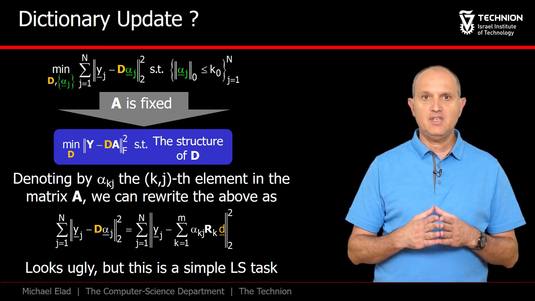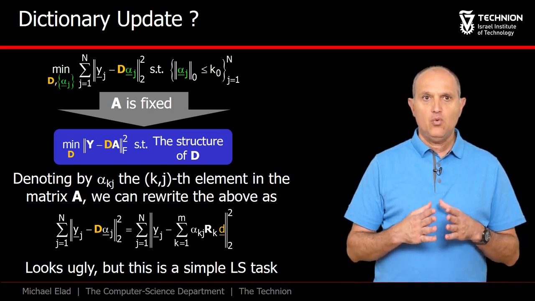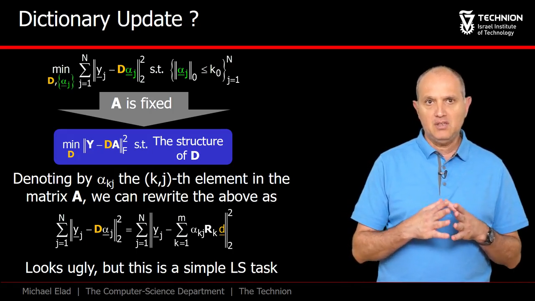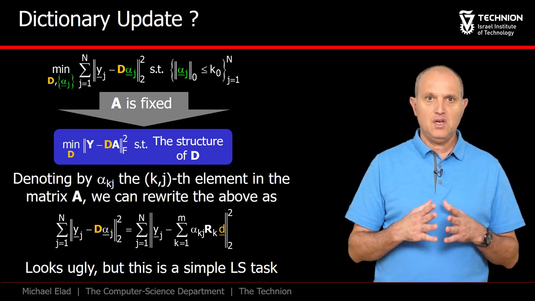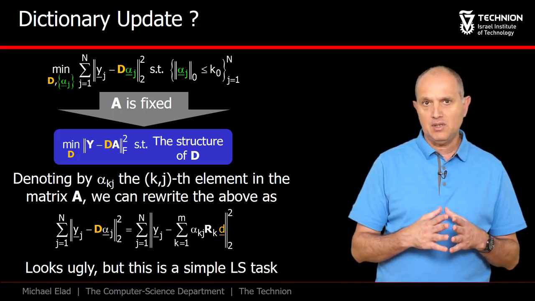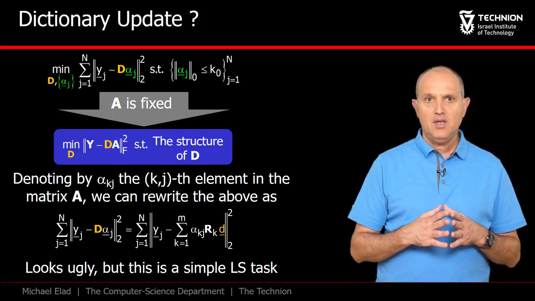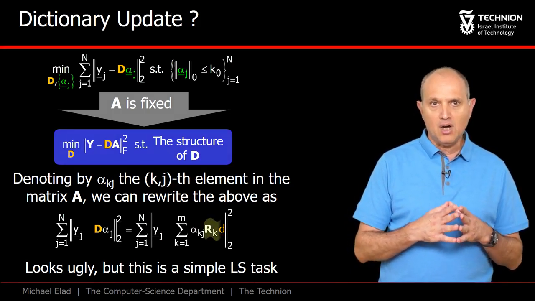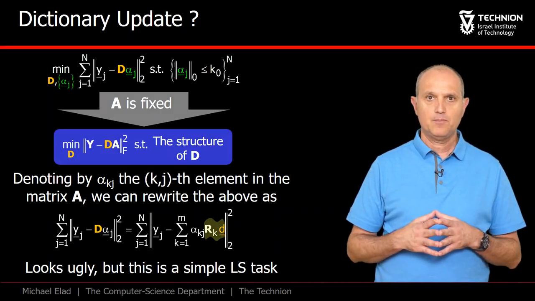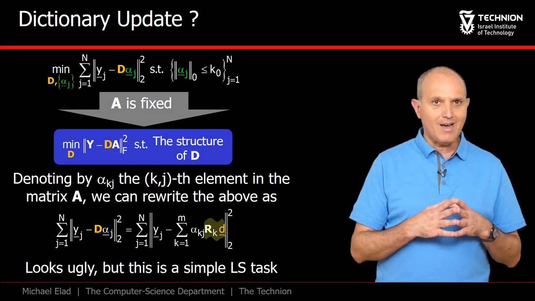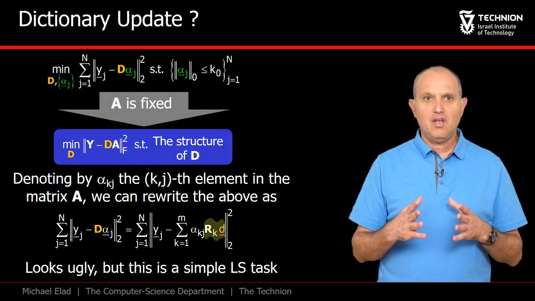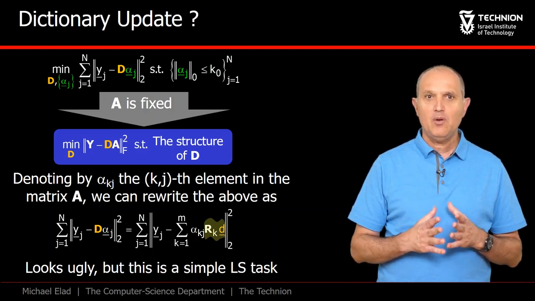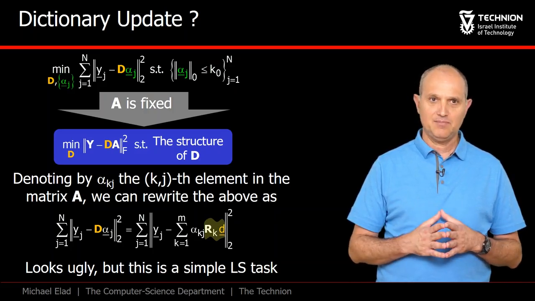Remember that for every signal Yj, we have a sparse approximation being D times alpha j. This is a linear combination of the atoms in capital D, and we have seen already that each of these atoms is obtained by the patch extractor Rk times the signature d. Thus, we get this ugly expression, which is nothing but a least squares problem with respect to the unknown d.